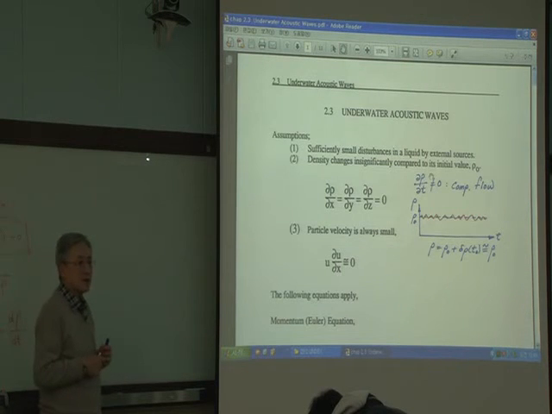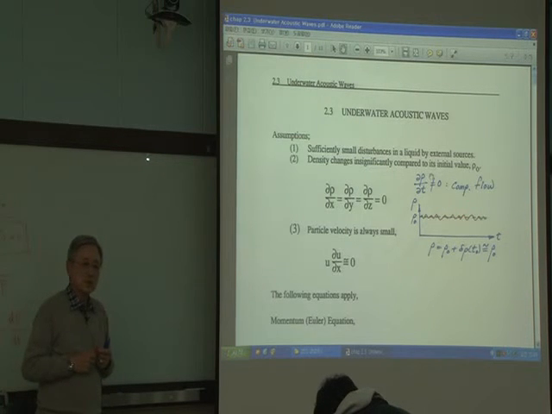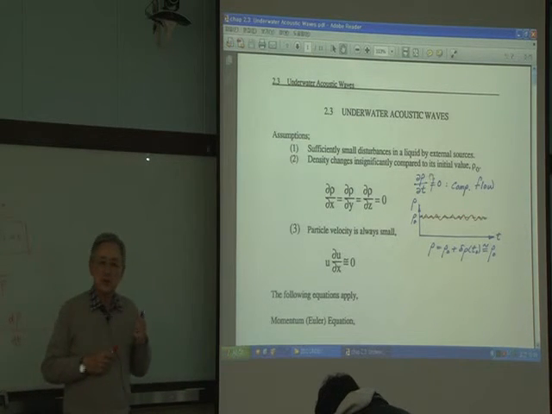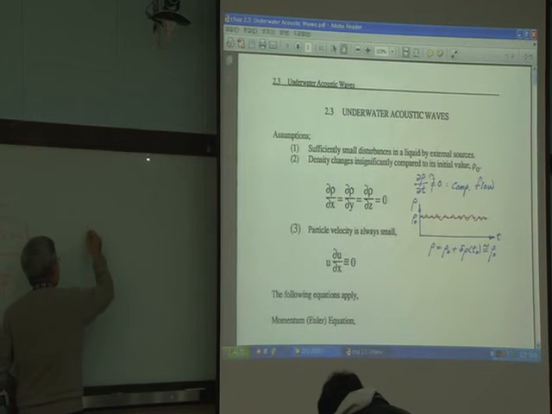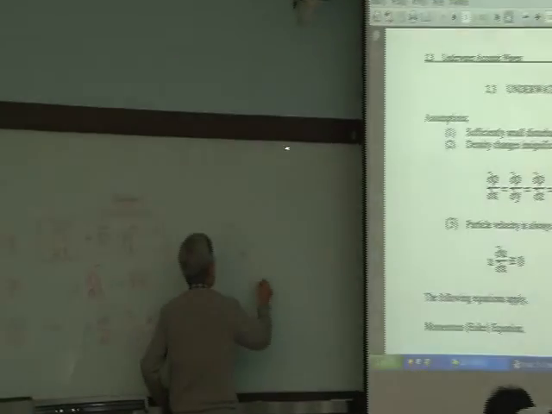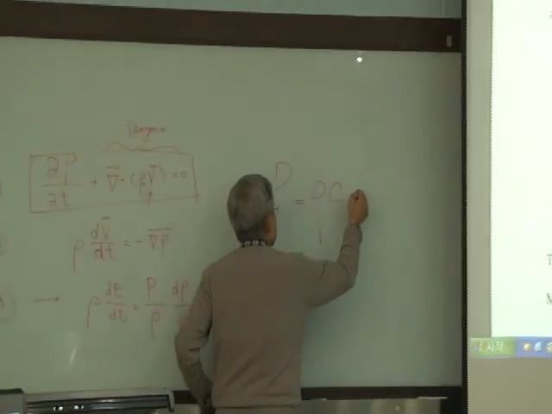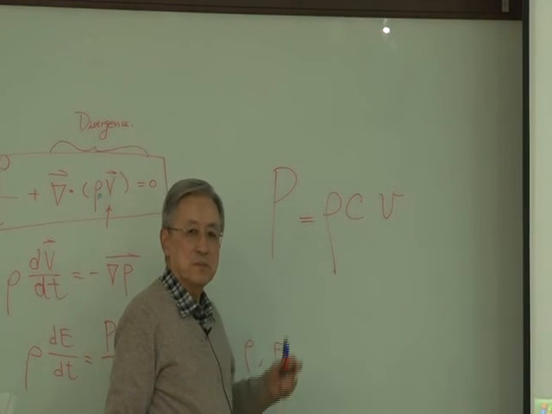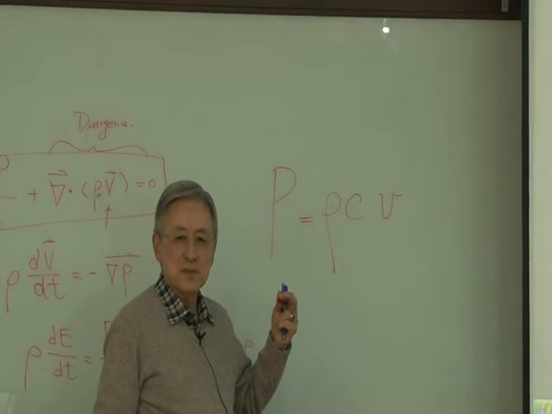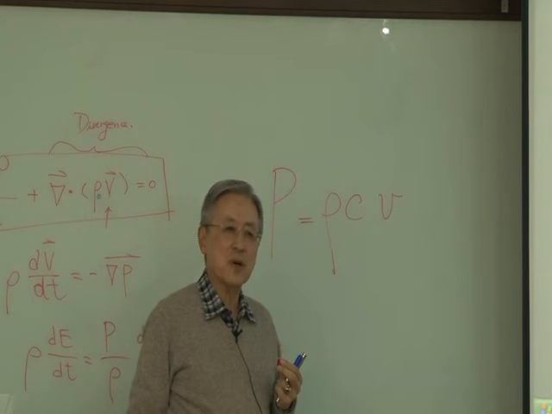That's what I'm going to derive here. Whether you are a gas explosion specialist or a fire specialist, I demand the relation. Just one equation: P is equal to rho C V, or rho C U. If you ask me, do I have to memorize it?